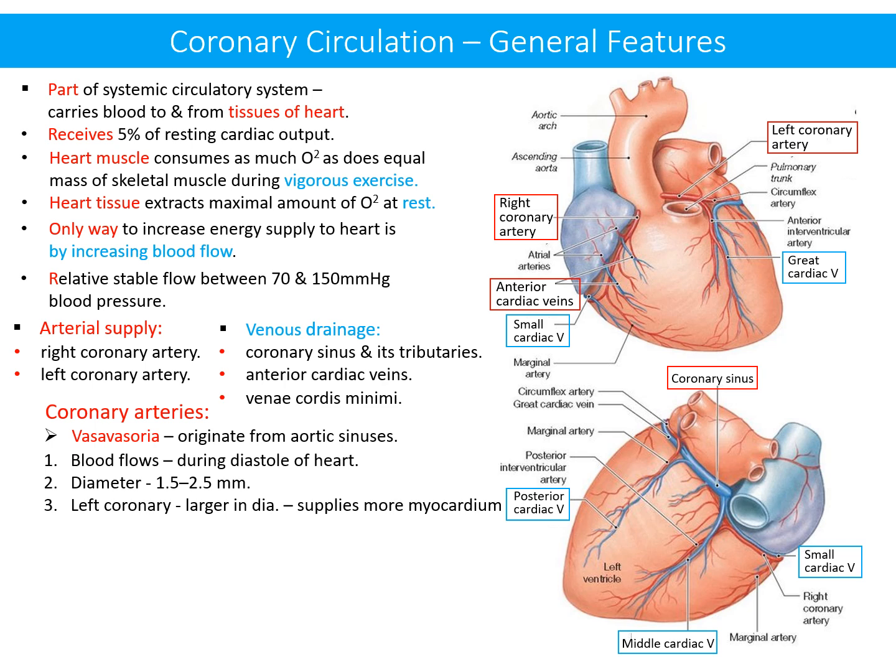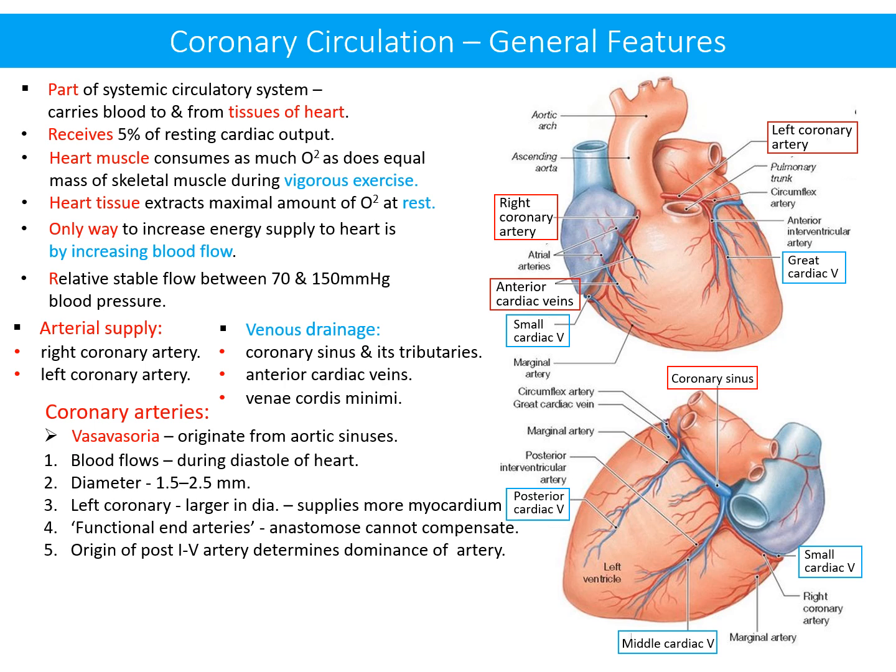The left coronary artery is larger in diameter and supplies more heart tissue. These are functional end arteries, that is, their anastomosis cannot compensate if there is sudden blockage. The origin of the posterior interventricular artery determines the dominance of the artery. Sympathetic stimulation dilates the muscular arteries and constricts the epicardial arteries.